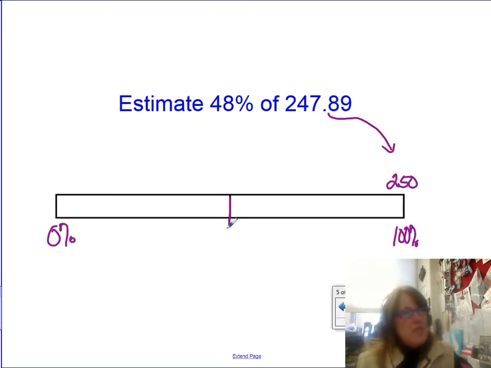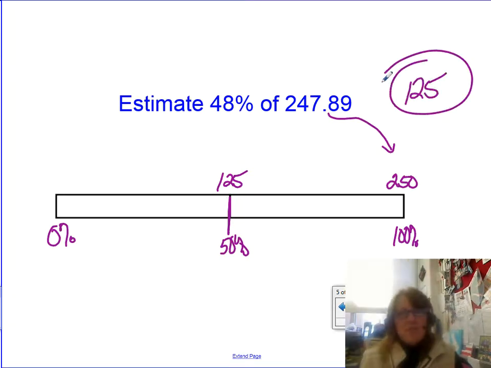Which means smack dab here in the middle at the 50% would be half of this. And this is really, if you can just do half in your head, half in your head, half in your head. 100 and half of 50 is 25. All right. 50% would be 125. 48%, it's really close to 50%. So that's a decent estimate, okay?